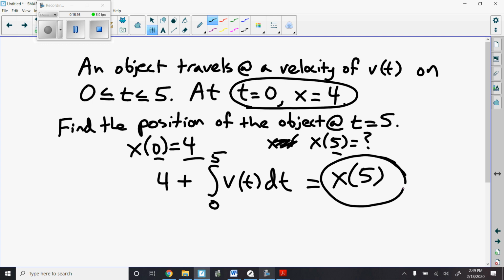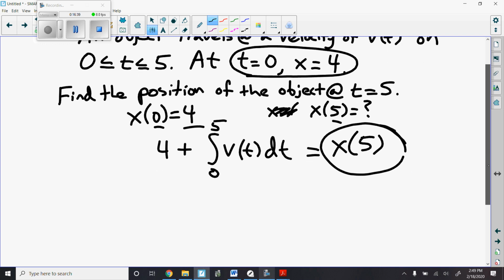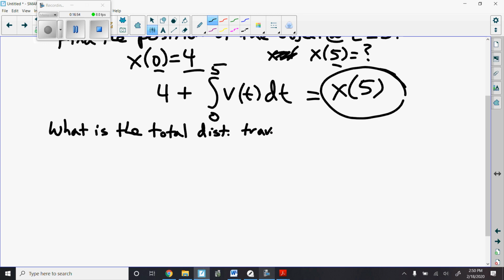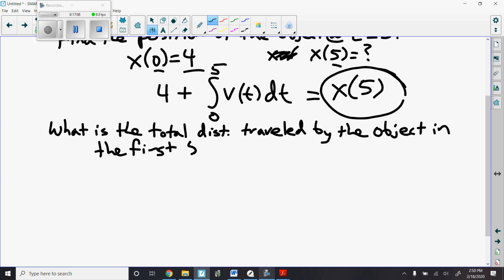Okay, another question that they could have asked here is this. What is the total distance traveled by the object in the first 5 seconds?